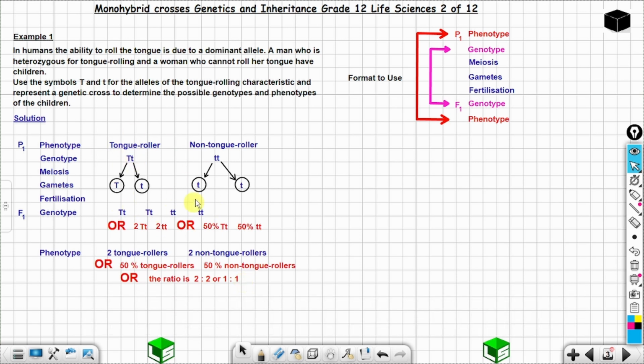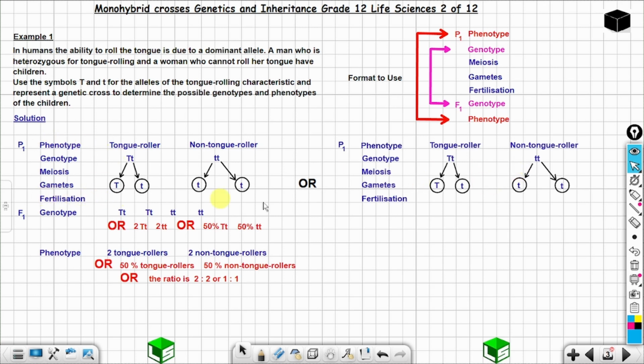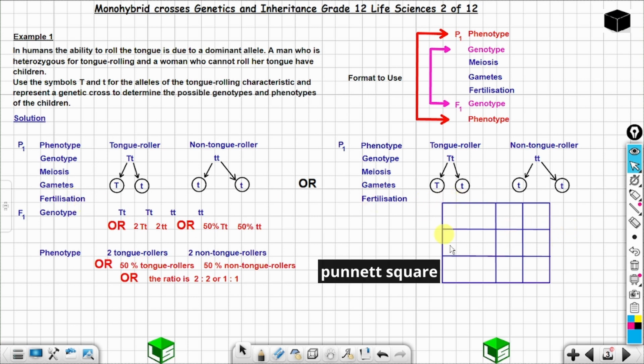You can also answer this question like this, using a Punnett square. Okay, so up to this level, you are going to do what we have done. Okay, this up to this level. Now, at fertilization, you are going to have your Punnett square. Okay, you're going to have your gametes.